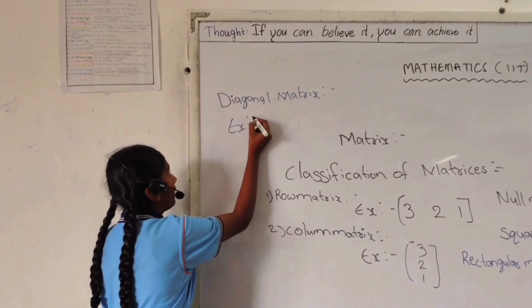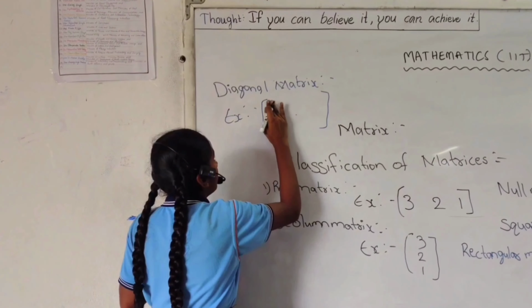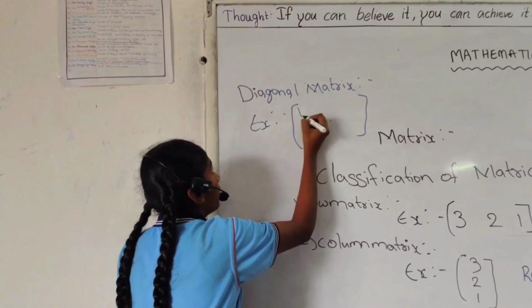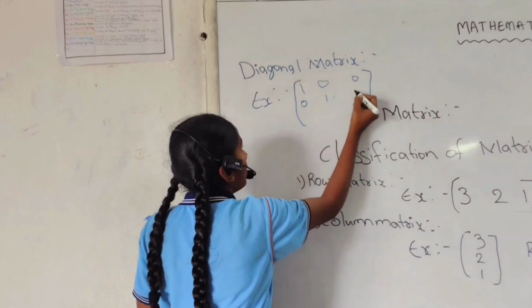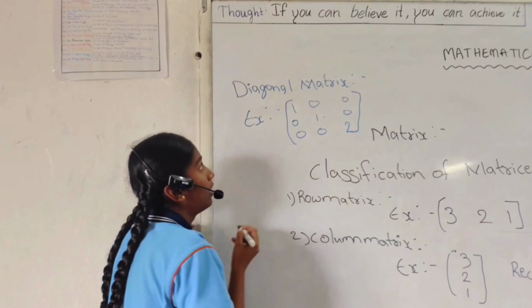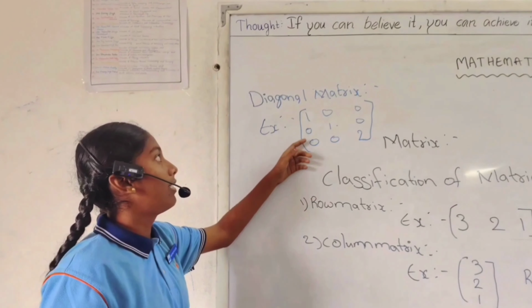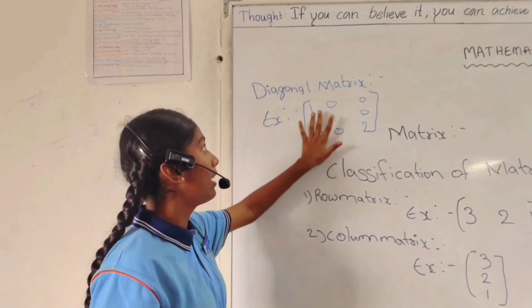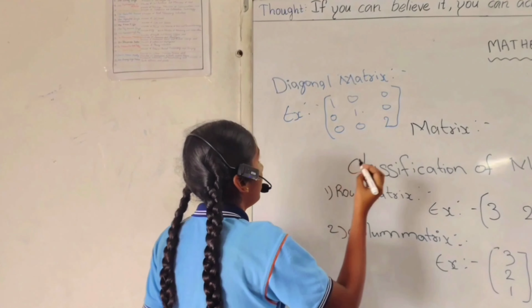Example of diagonal matrix: 1, 0, 0, 0, 1, 0, 0, 0, 2. Here this is a square matrix and this is an example of a diagonal matrix. The non-diagonal elements are 0 and the diagonal elements are non-zero.